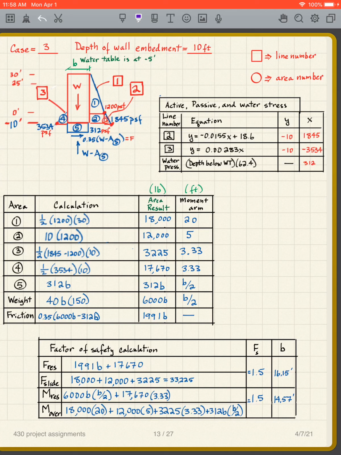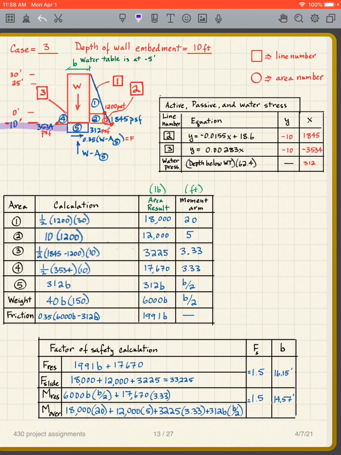Now, what I want to do is I want to use line number 2 and line number 3 to get this value here and this value here. So you develop the equation for the line numbers, and remember my coordinate system is such that y equals 0 is here, and I want my x value.